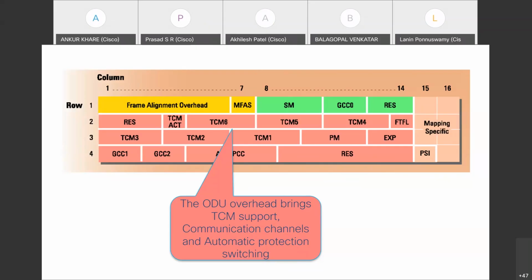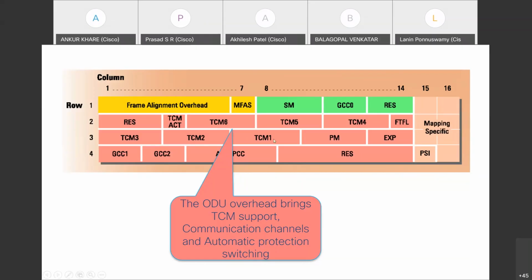So in the overheads, there is section monitoring, and you see PM here, that is path monitoring. These overheads will have different traces. If we are sending from one place to another place, we can send some trace message so that we will know that is the correct point we are reaching.